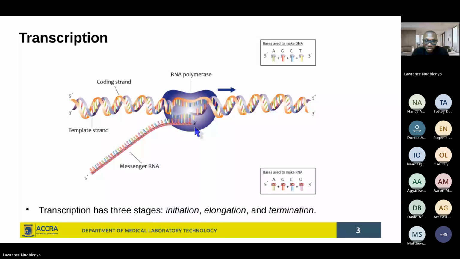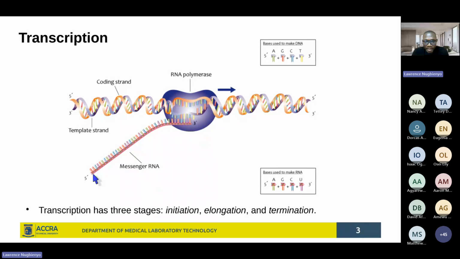And take note that here again, the synthesis of the messenger RNA is from the 3' end to the 5' end, from the 3' end to the 5' end.